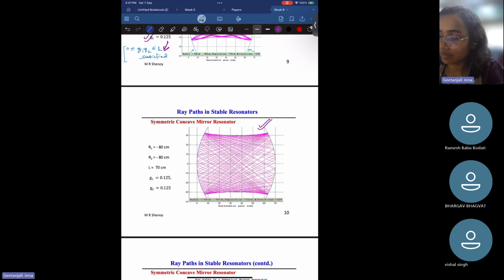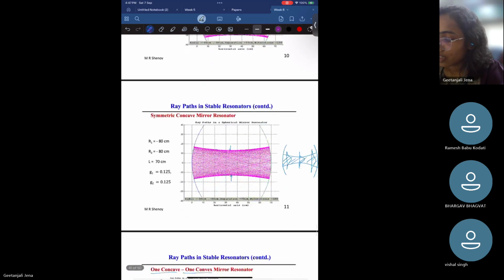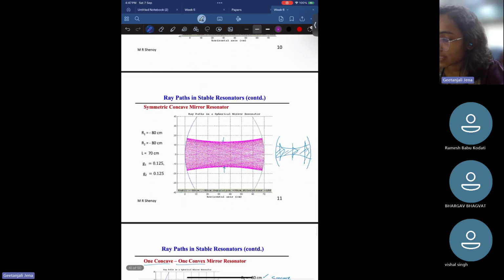Here we can see the ray is confined inside this mirror resonator, constantly moving back and forth from one mirror to the other. And this is the same symmetric concave mirror resonator, another type of ray diagram where the values of ym and theta are different. So these are three different types of ray diagram for the same case.